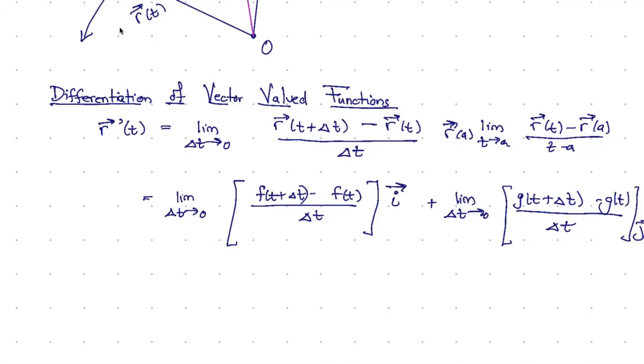And so simplifying this expression, we would end up with f prime of t i plus g prime of t j, which means that in order for us to differentiate a vector-valued function, we need to differentiate each of its components individually, and it will create new components that are derivative functions as well. And of course this holds in R3 as well.